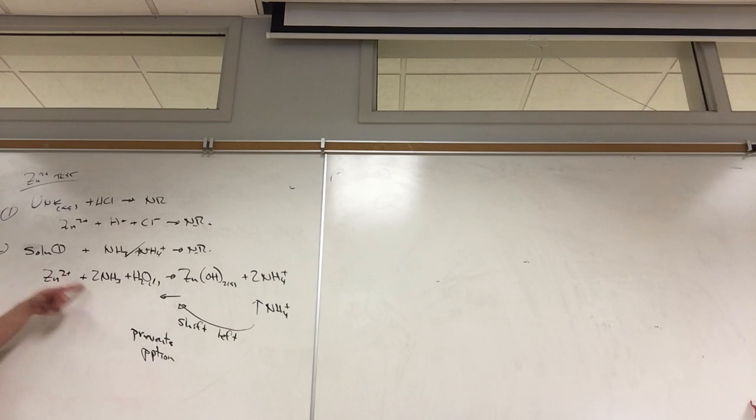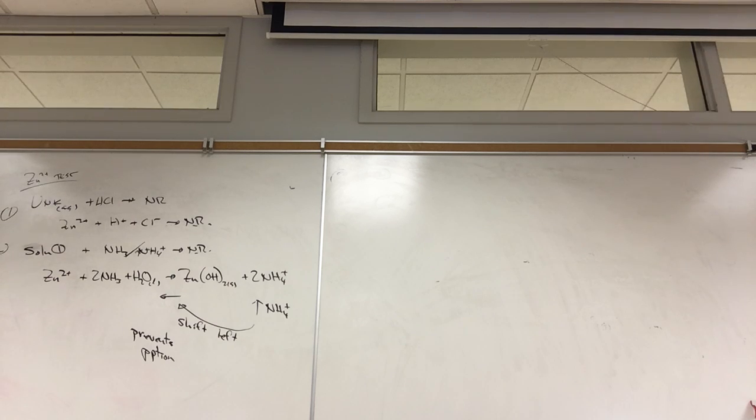So Zn2+ with ammonia as a ligand might form something like the tetraammine zinc(II) ion. Does the tetraammine zinc(II) ion form or not? How do you know what complexes form?